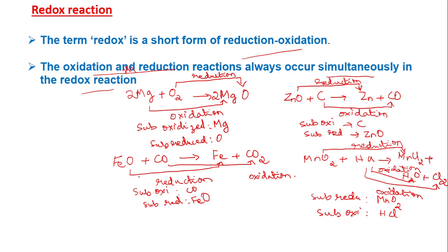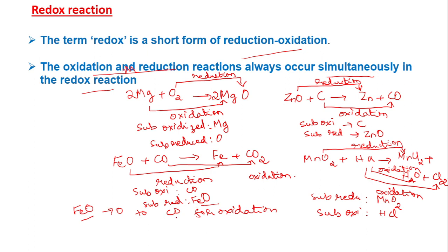Here substance getting reduced is Fe2O3. Fe2O3 gives oxygen to carbon monoxide for oxidation. So it provides oxygen. So ferric oxide is an oxidizing agent. Substance getting reduced is always the oxidizing agent because it provides oxygen for oxidation.